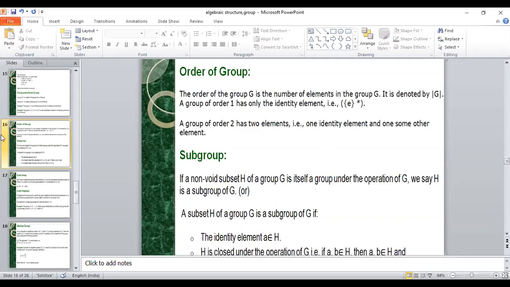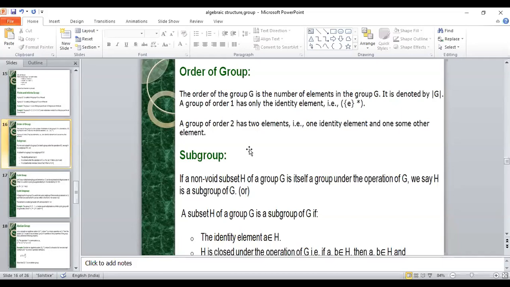So in these, if the given set G satisfies the first two properties, then it is called a semigroup; if it satisfies three properties, then it is called a monoid; and if it satisfies four properties, that is a group. Another definition, abelian group. So what is an abelian group?